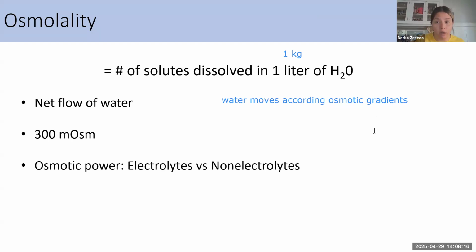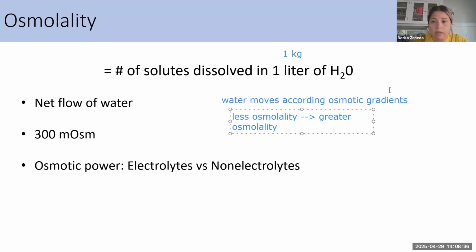So it goes from areas of low concentration to areas of high concentration. When we say osmolality, we can also use the term concentration.